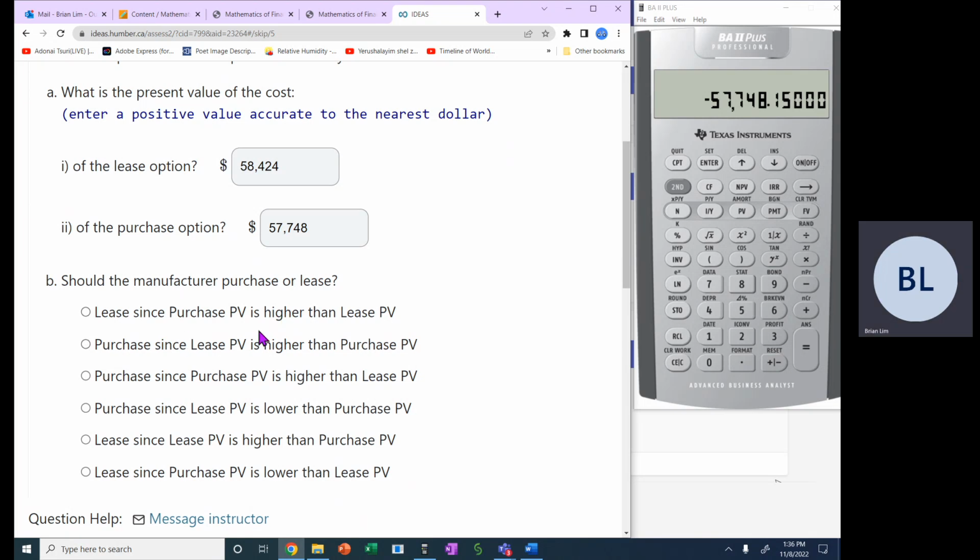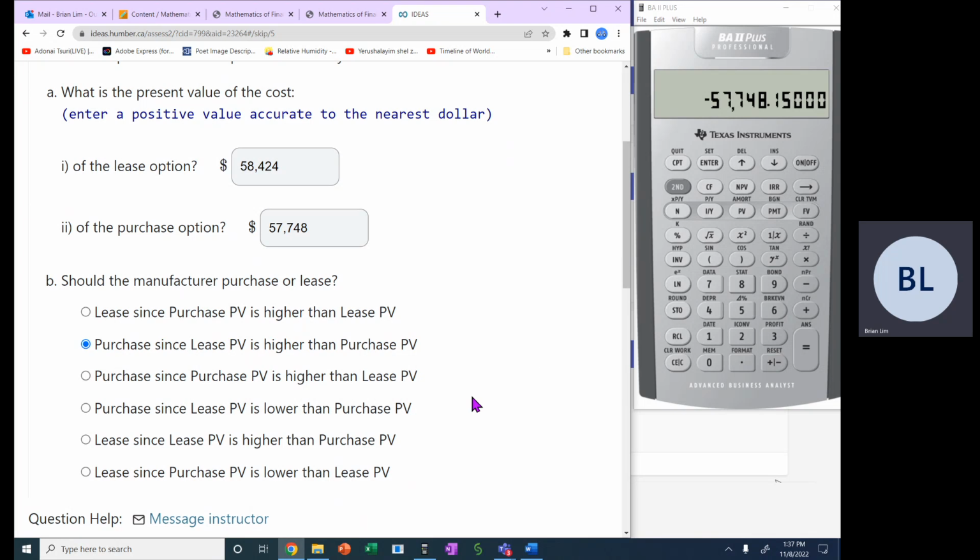I actually could eliminate the ones where it says to purchase if the lease present value, this is saying to purchase since the lease present value is higher than the purchase present value. Okay, well, you purchase because the lease present value is higher than the purchase present value. Does that look correct?